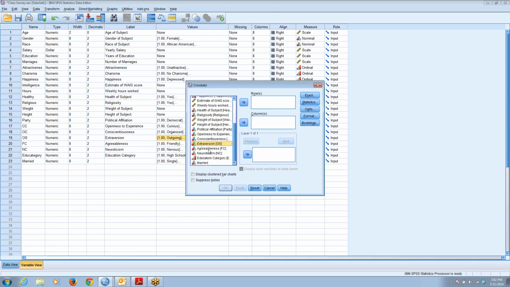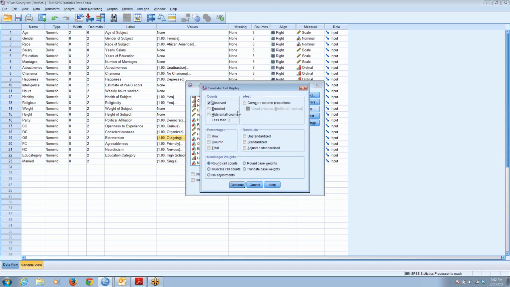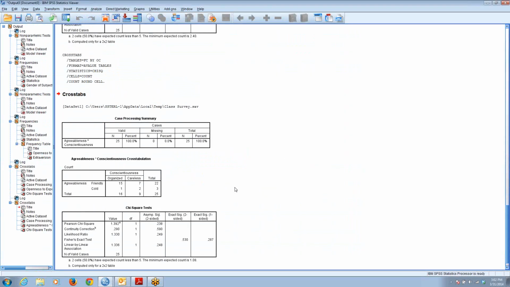I think we're going to do agreeableness with conscientiousness. And statistics, chi-square is already up there. And cells, no need to change the defaults on that. And then just click on OK.